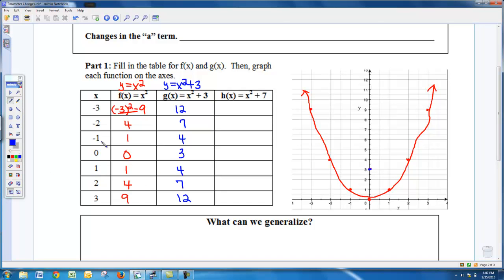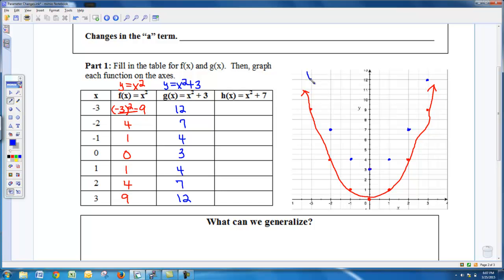1, 4 and negative 1, 4 are the next points. Then we have 2, 7 and negative 2, 7. 3, 12 and negative 3, 12.